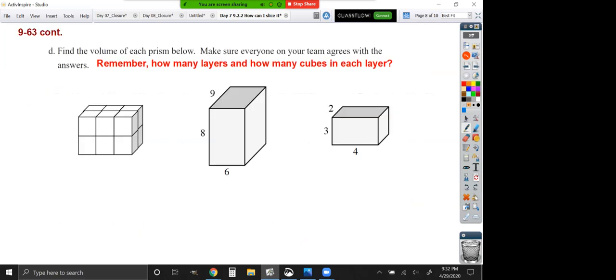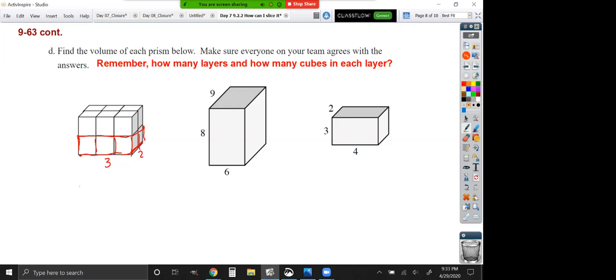Problem number 63D: find the volume of each of these prisms. Make sure everyone in your team agrees with your answers, and remember how many layers and how many cubes are in each layer. If we look at this bottom layer, just this part down here, how many cubes are in it? Looks to me like we have 3 by 2.